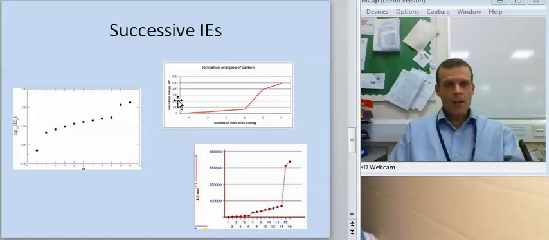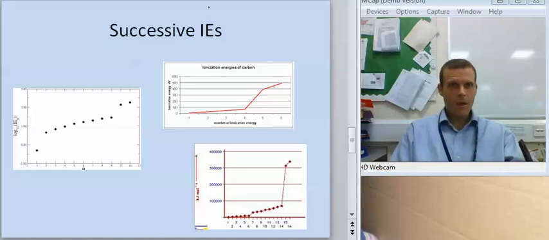If we take successive ionization energies, so if we just keep plucking the electrons off of an atom, it gives us a clue as to electron arrangements and how many are in each energy level. So this one here, 281, is the electron configuration there.